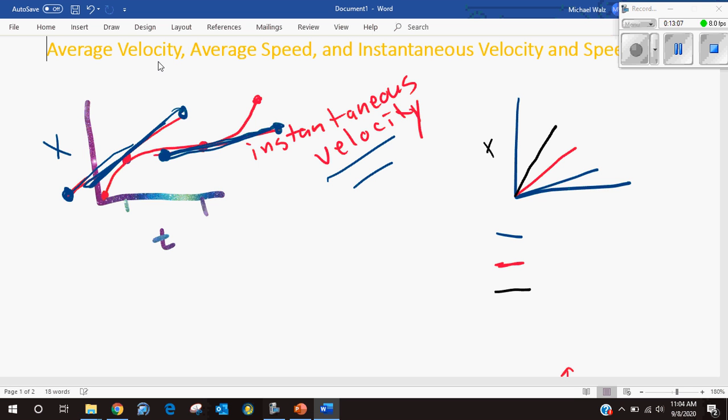If this is a distance time graph or displacement time graph, you have to ask yourself, what's the difference? Well, this first one here is going to be the slowest because it has the smallest slope. This one here will be medium, and this one will be the fastest, okay?